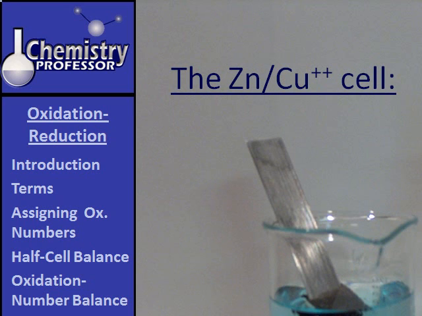And if we leave it sit for a while, then we find quite a large deposit, and notice the blue color is getting lighter in that solution, because the copper ion is coming out of it and precipitating as elemental copper all along that zinc plate.